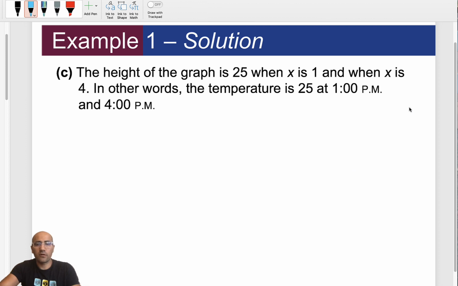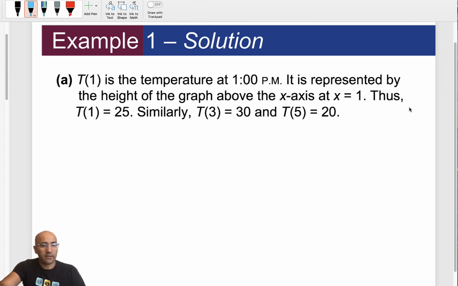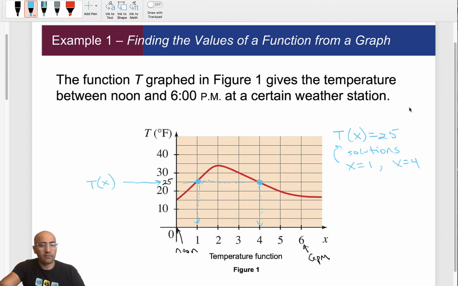So the temperature at 1 o'clock is about 25, and the temperature at 4 o'clock is about 25. Man, can you imagine living in a place where the warmest part of the day is 34 degrees?